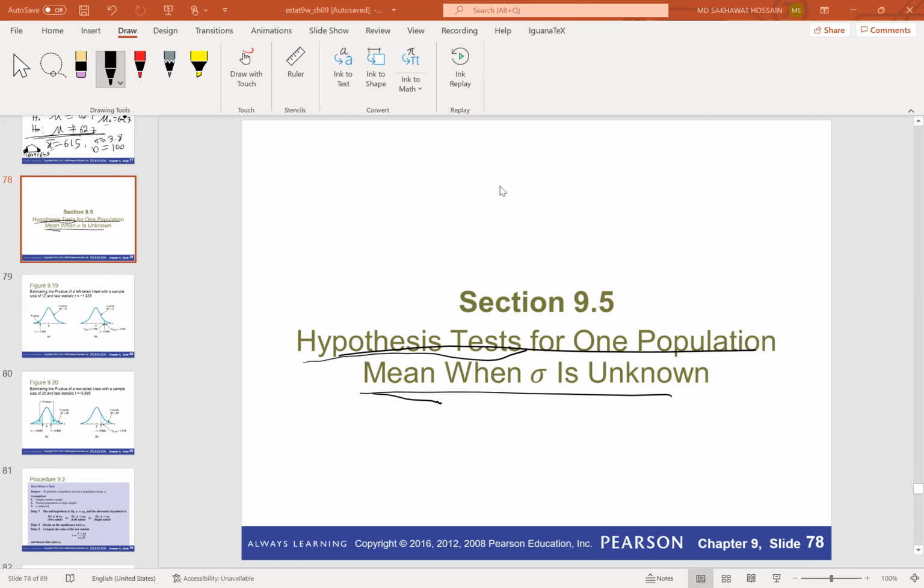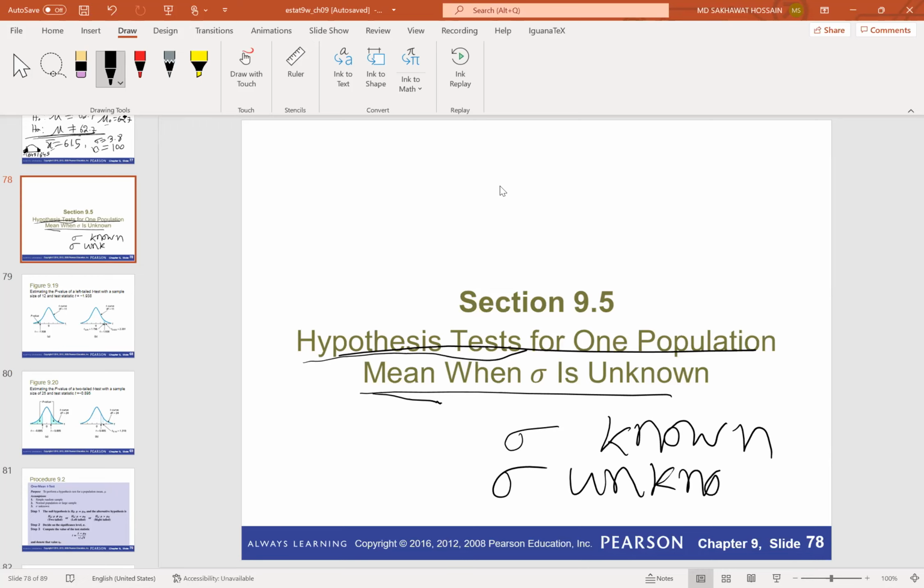The main difference is that in the previous section, sigma was known. And here sigma is unknown. Now, what is the problem if sigma is unknown? When sigma is known, we have the value of sigma.